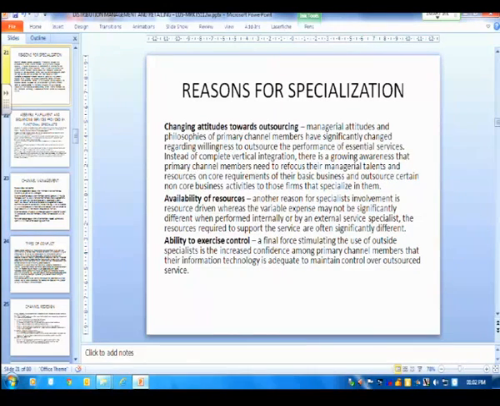The next one is ability to exercise control. A final source stimulating the use of outside specialists is the increased confidence among primary channel members that their information technology is adequate to maintain control over outsourced service.